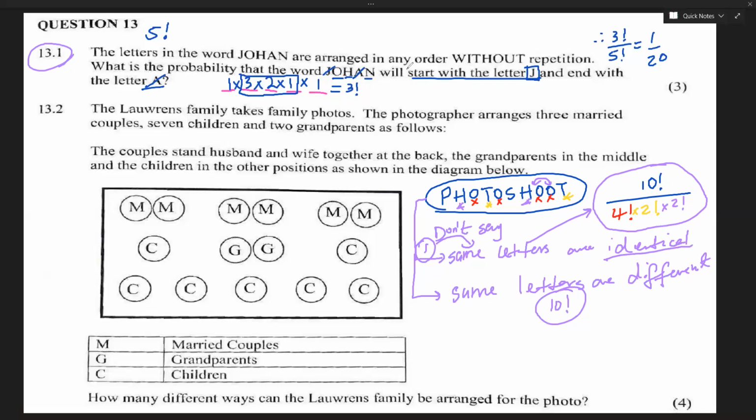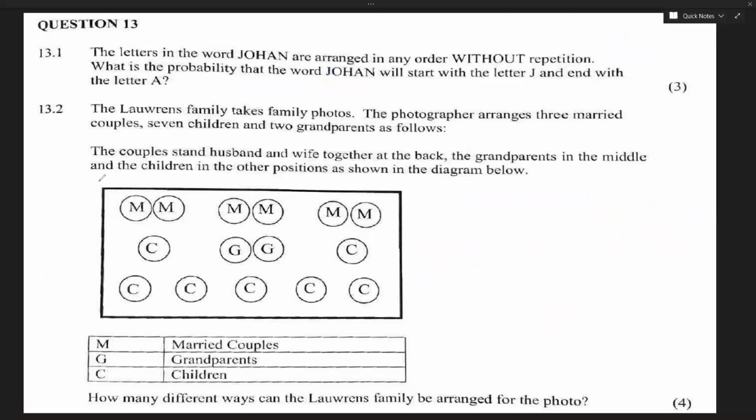Okay. So they say the Lawrence family takes family photos. The photographer arranged 3 married couples, 7 children, and 2 grandparents as follows.